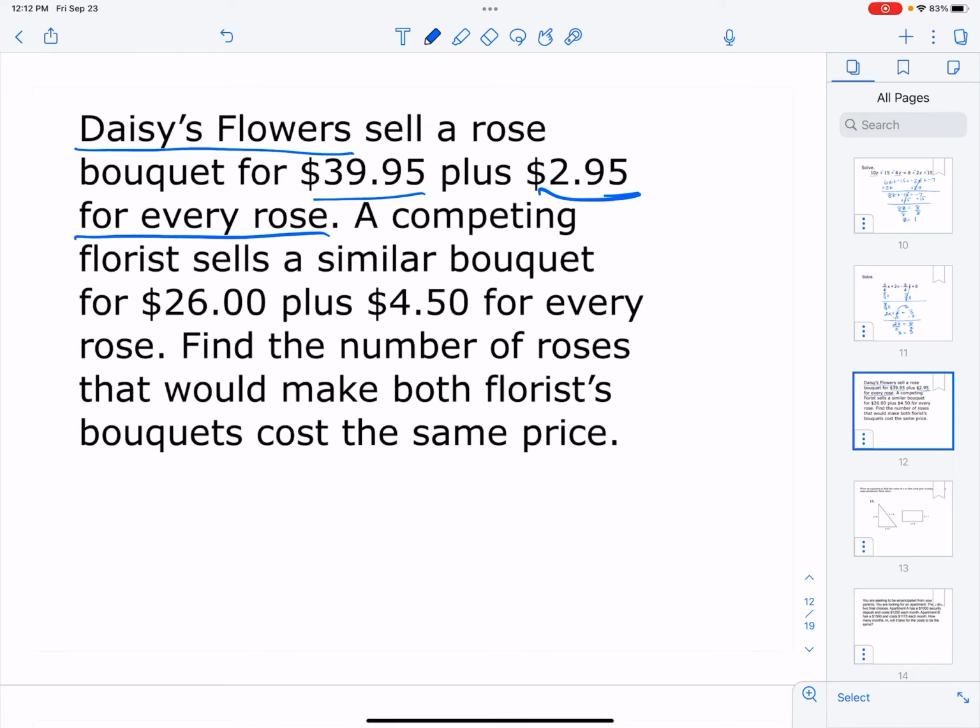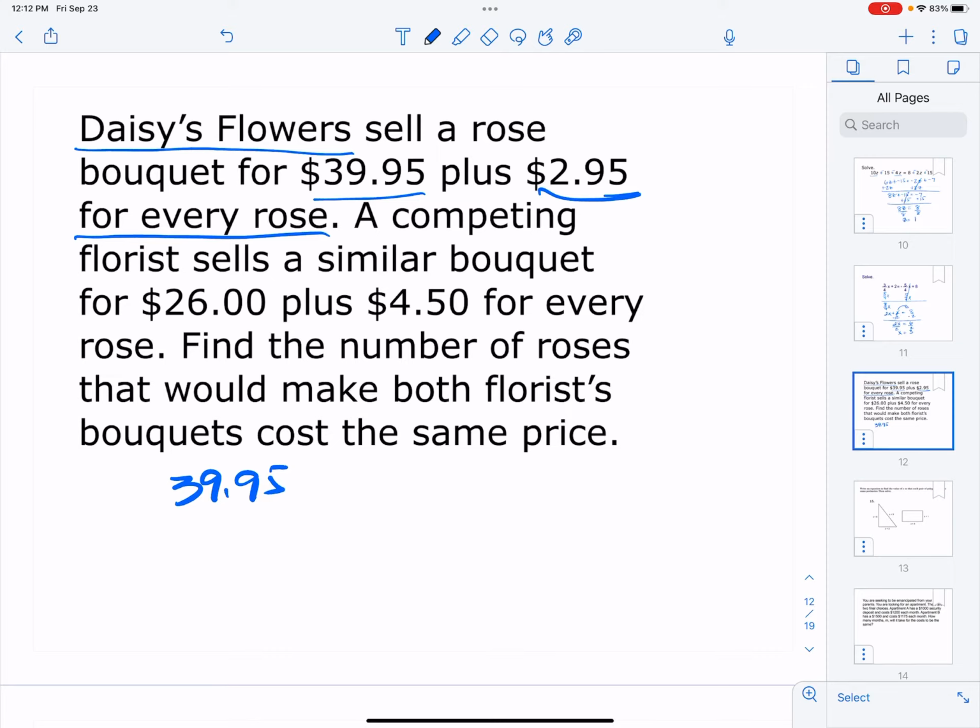So what we want to do is write an expression for that. We're looking for two things. I'm looking for a number that I'm going to multiply by a variable, or in other words, increment over and over again. And I'm looking for a number that's going to stay the same each time. In this particular one, for Daisy's Flowers, the constant is going to be $39.95. So I'm going to pay $39.95 for the bouquet. That gives me all the extra flowers.